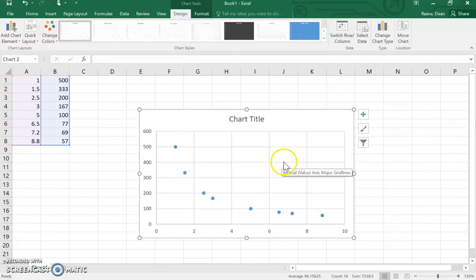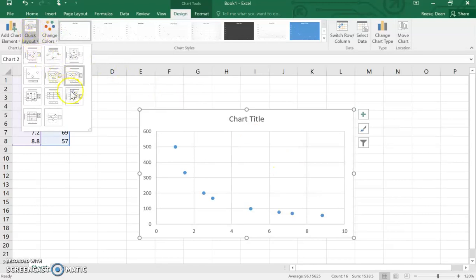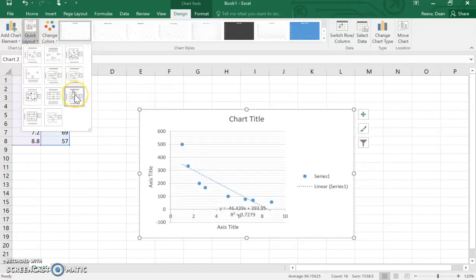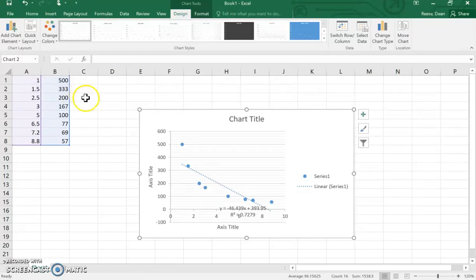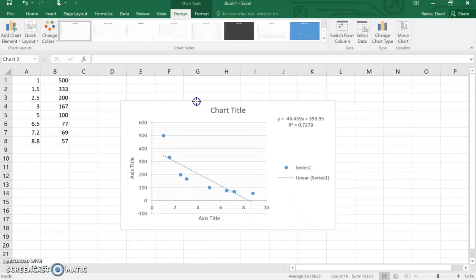So the way you can easily, quickly fix that is you go to Quick Layout, and I recommend this one that has FX on it, which means function. I click that, and now I have the title and the axis title. I can take this and bring it over here, which is the equation of this trend line that Excel put on there, and so now it's looking a lot better.